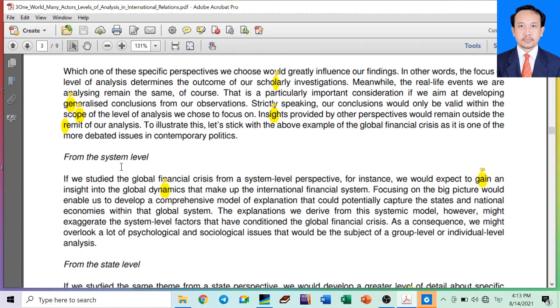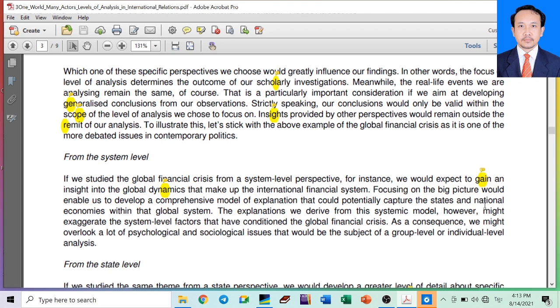If we studied the global financial crisis from a system level perspective, for instance, we would expect to gain an insight into the global dynamics that make up the international financial system.